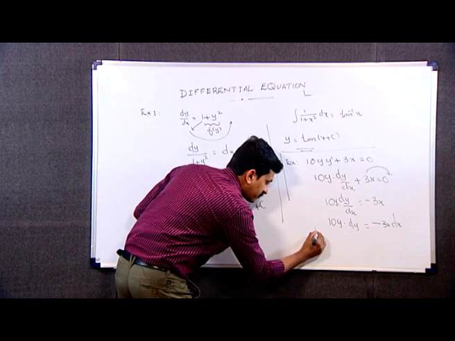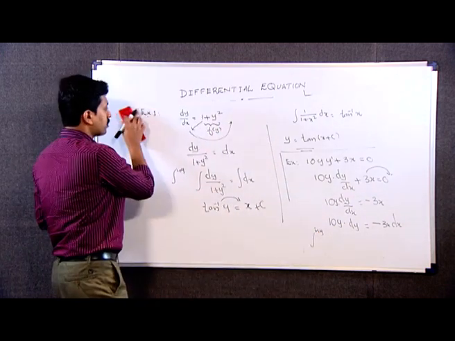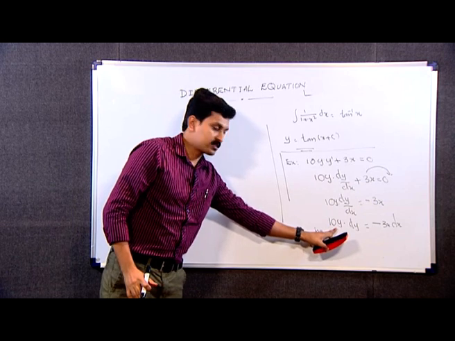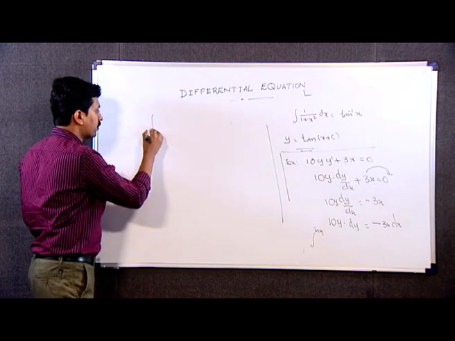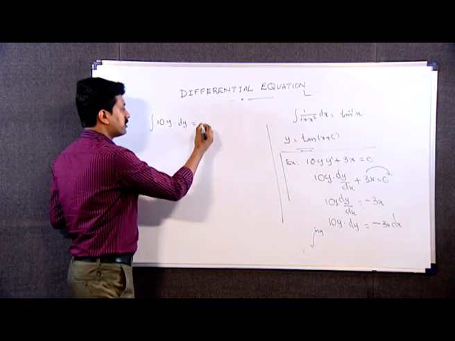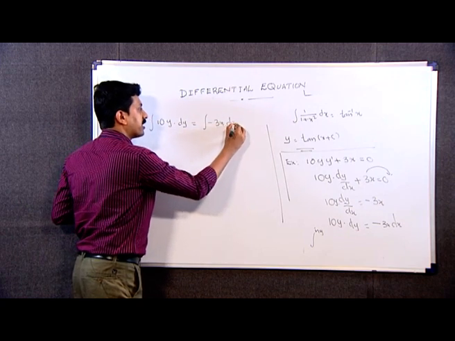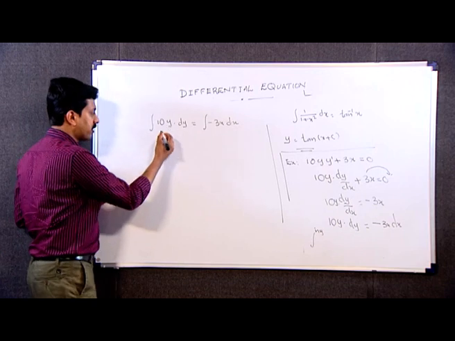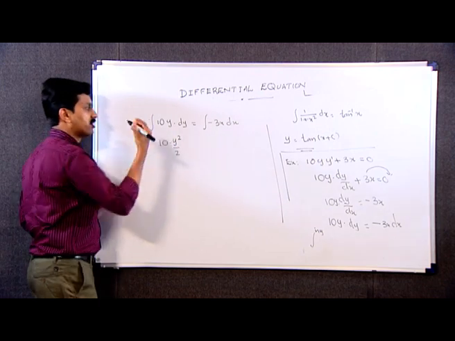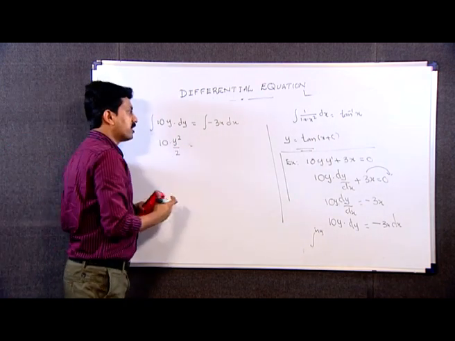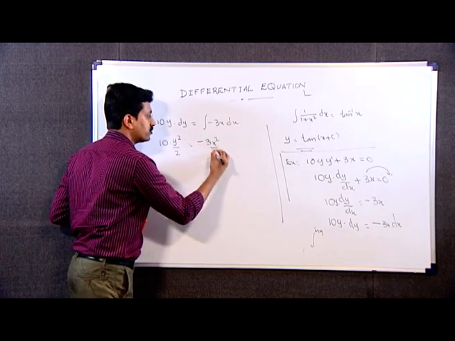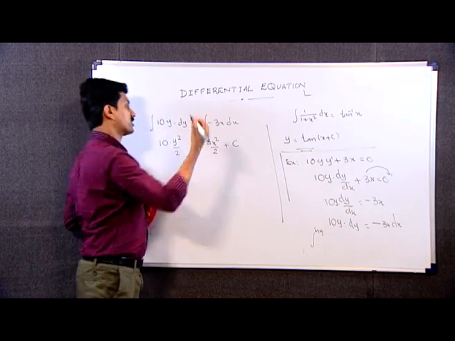Integrating both sides, we will have the integral of 10y dy equal to the integral of minus 3x dx. 10 is a constant, and the integral of y is y square by 2, which is equal to the integral of minus 3x, that is minus 3x square by 2, plus a constant of integration c.